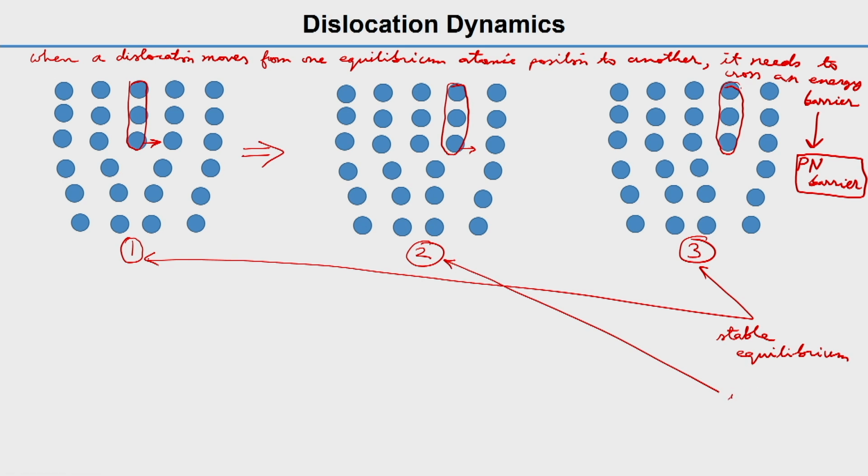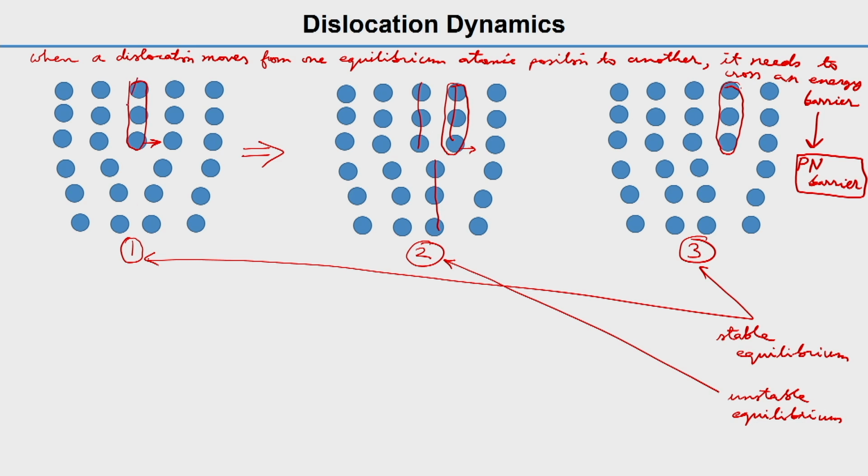This is unstable equilibrium. Why is it unstable equilibrium? Because if you consider all these planes, they are not at a stable position.